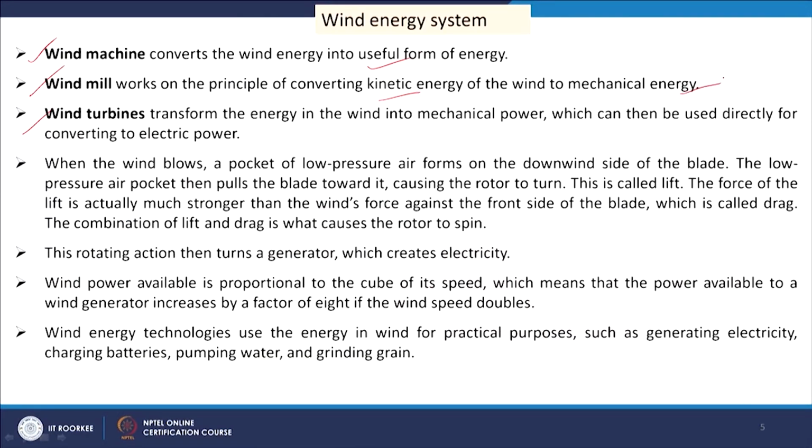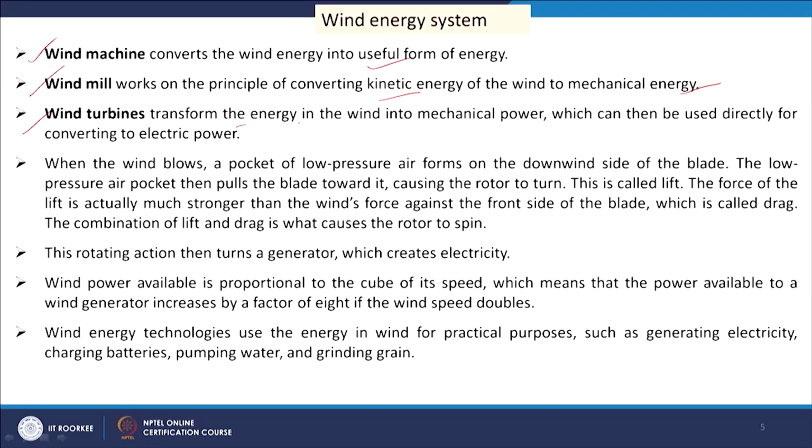Wind turbines transform the energy in the wind into mechanical power, which is further transferred into electrical energy. The wind turbine is the latest development and it helps to generate electricity from the wind.